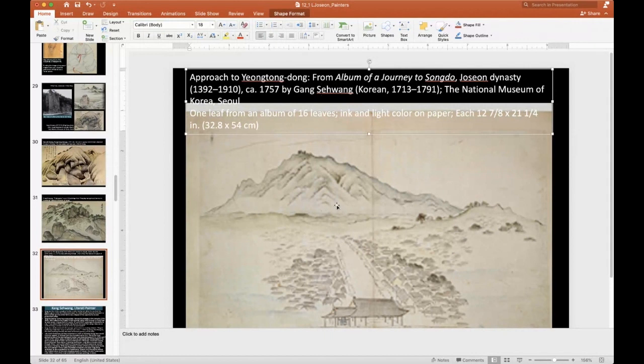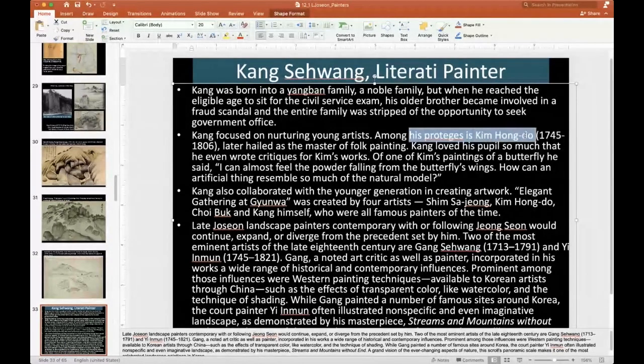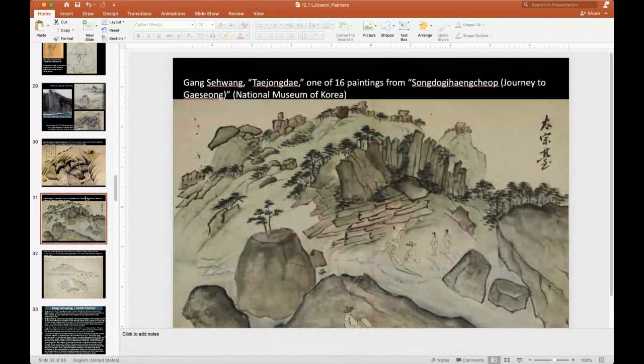This is his observation. So Kang Se-hwang was a literary painter. He was born into a Yangban family, and he mentored Kim Hong-do, and he's the one who gave ideas of painting the lives of actual people. Why don't you paint the actual scenery?